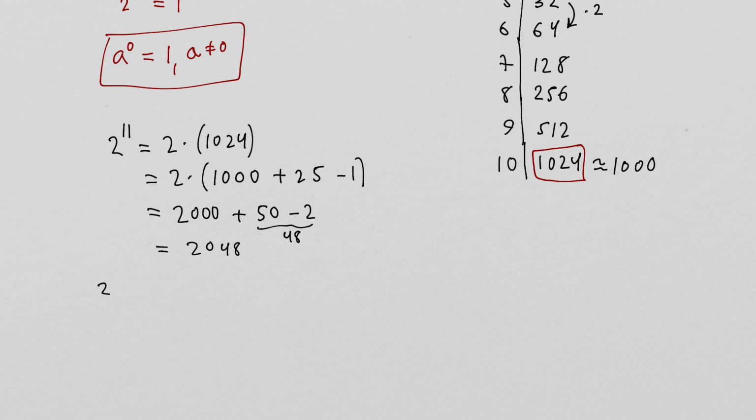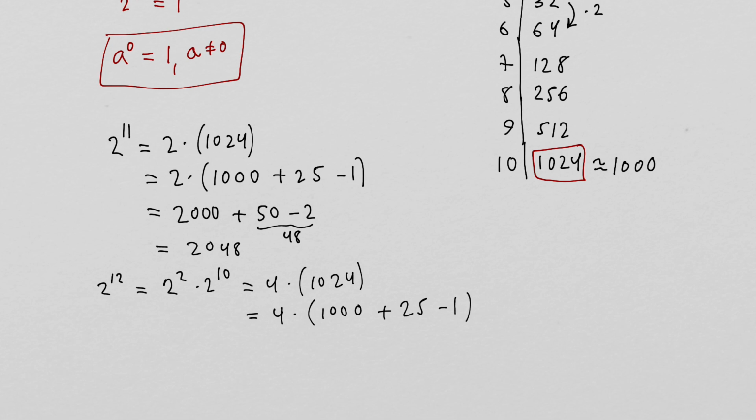In the same way, 2 to power 12 is, maybe we do it in this way. Let's take the same representation. We would get 4000. 4 times 25 is 100 and minus 4.